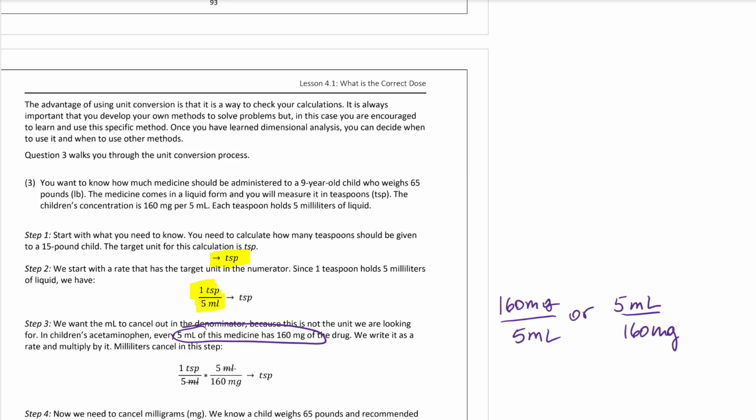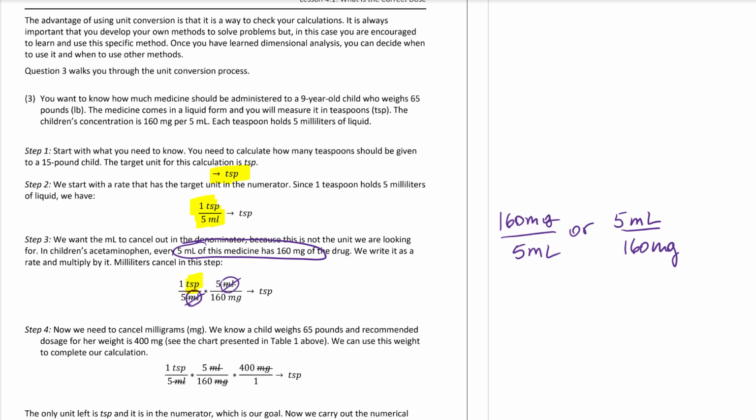But when you're using unit analysis, your goal is to cancel that unit and end up only with the targeted unit that you're looking for, which is teaspoon. So you write it as a fraction, 5 milliliters over 160 milligrams. Those units are going to reduce. And now you're only left with how many teaspoons are in how many milligrams.